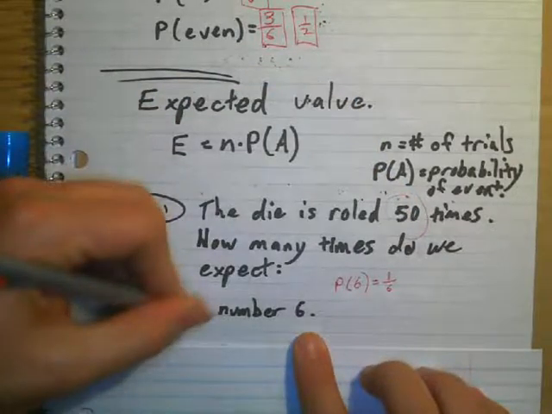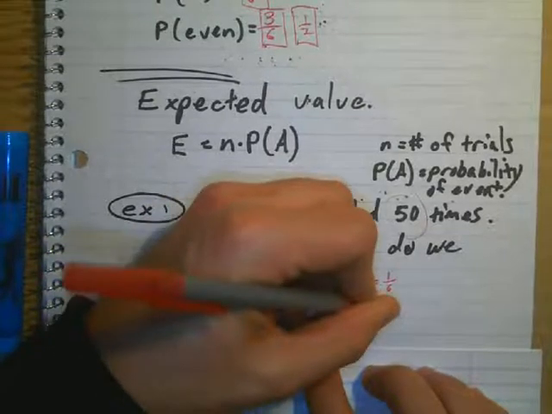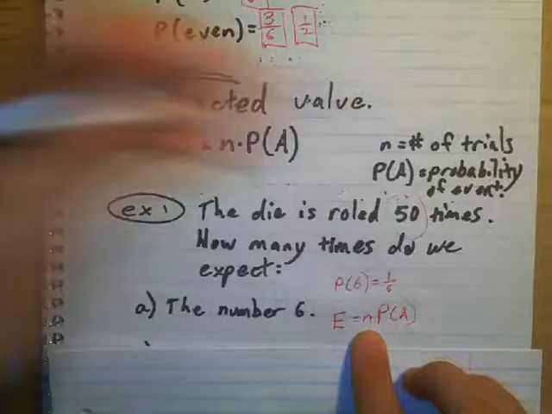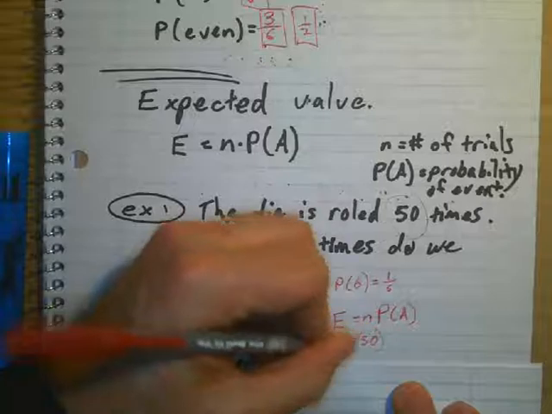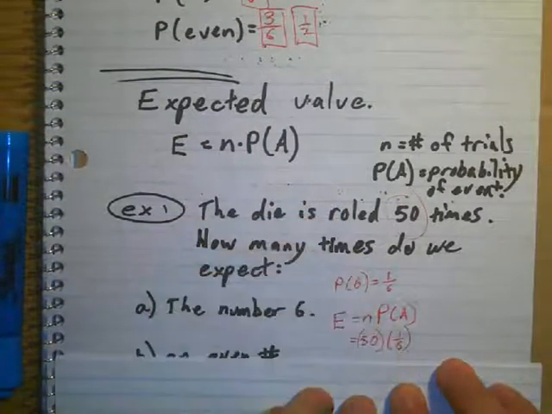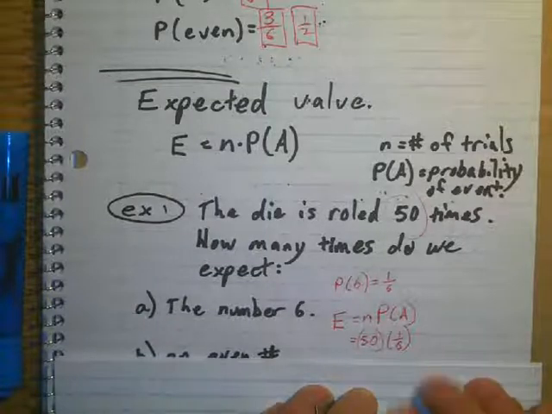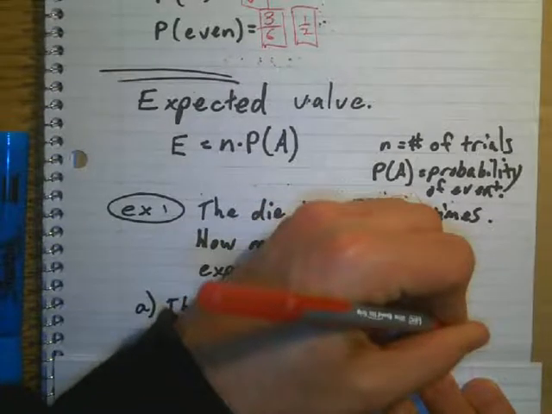Okay, and we're rolling the die 50 times, right? So my expected value is going to be equal to the number of times we're going to roll it, which is 50 times, and the probability of getting a 6 is 1/6, and so if I do 50 divided by 6, we end up with 8.333.